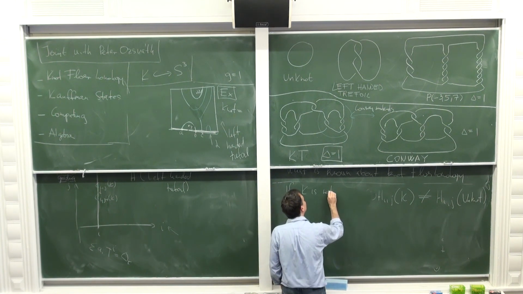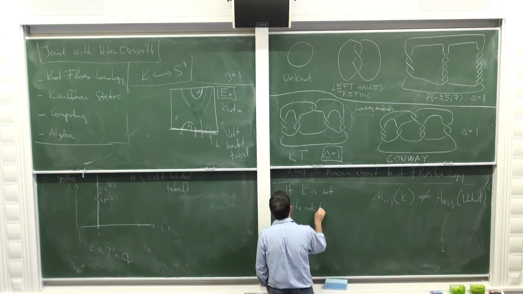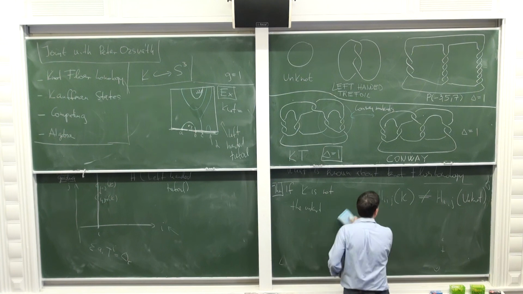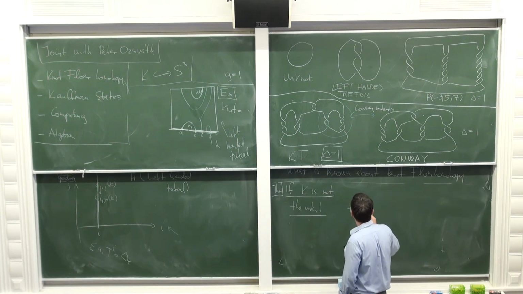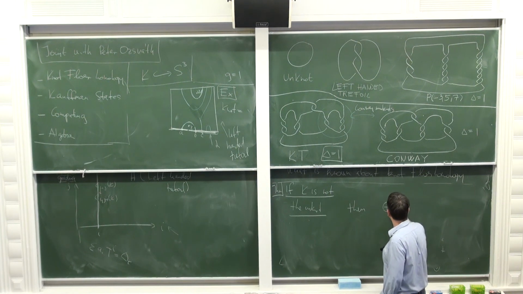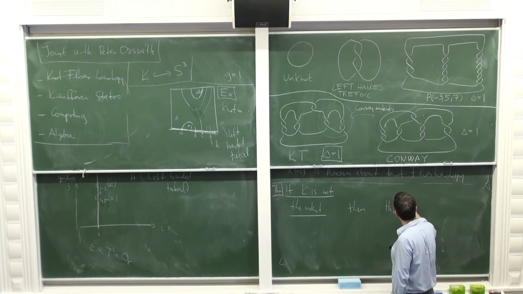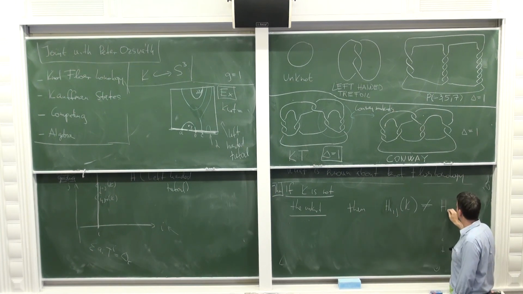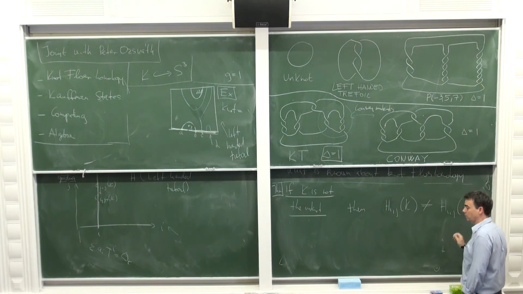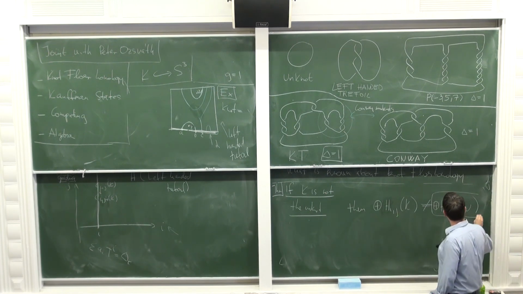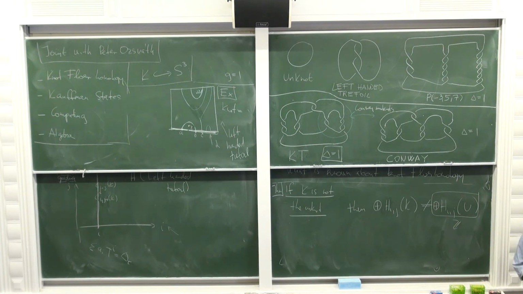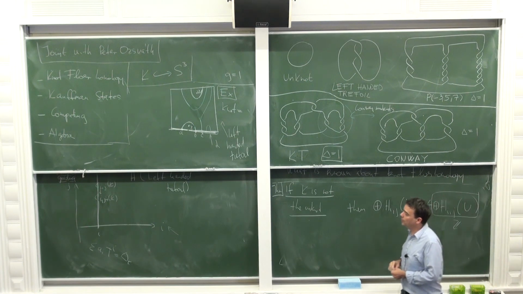If K is not the unknot, the statement is that for a non-trivial knot, the full knot Floer homology will be larger than for the unknot. One can actually say a little bit more.